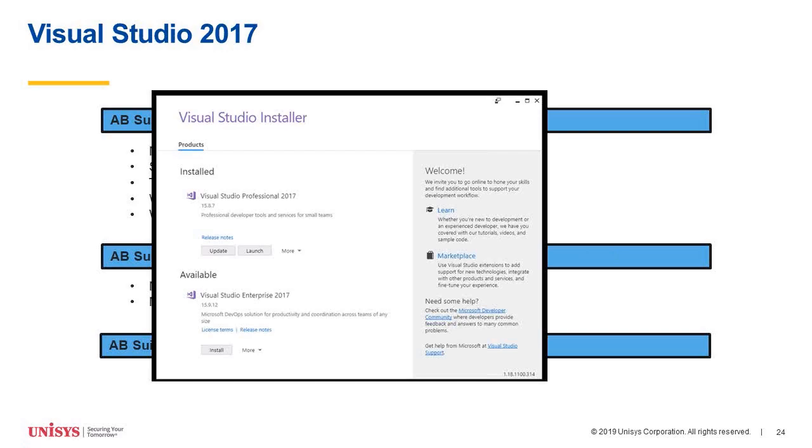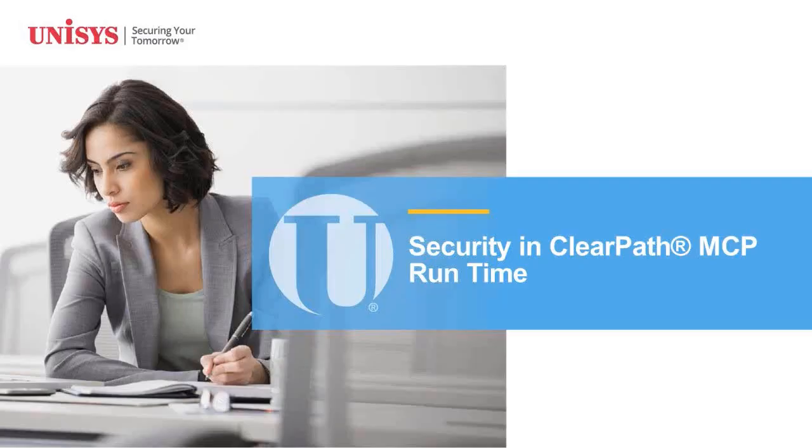In addition to helping us keep pace with the Microsoft lifecycle, 2017 installs significantly faster than the previous versions of Visual Studio, and it is also generally a more responsive IDE, so you will pick up that benefit overall, in addition to the features we are talking about with respect to AB Suite.